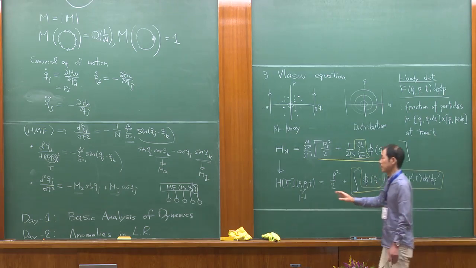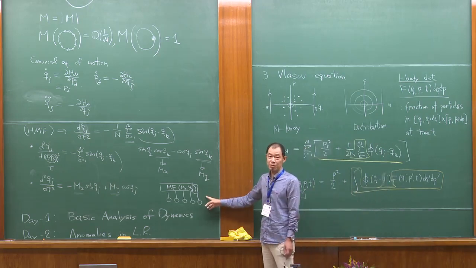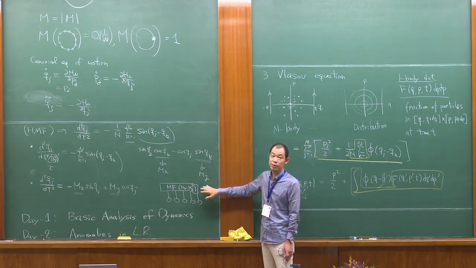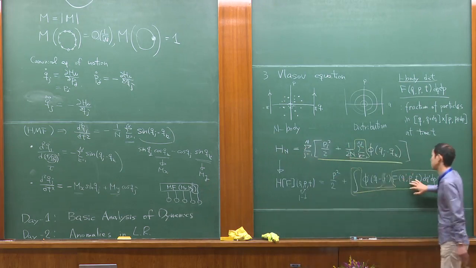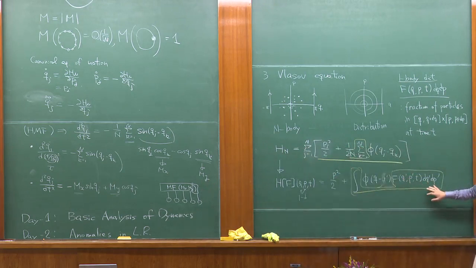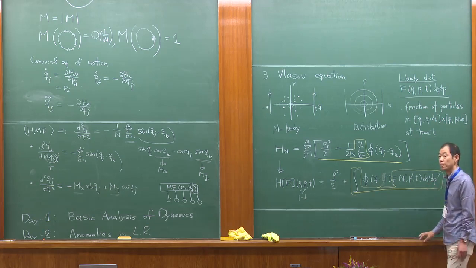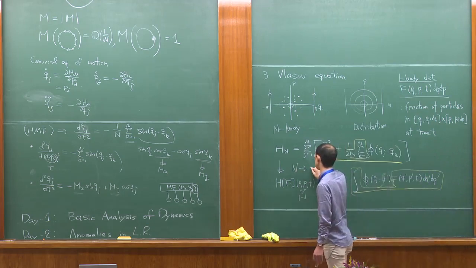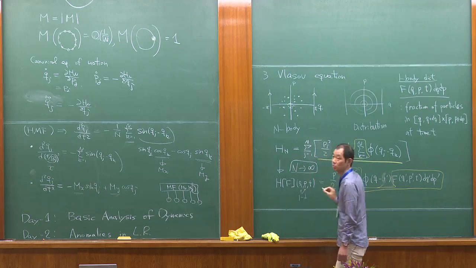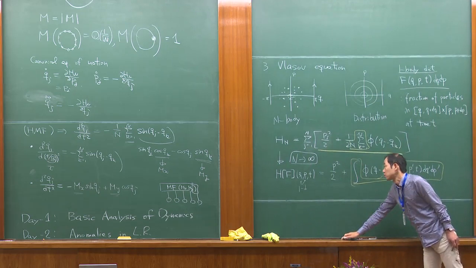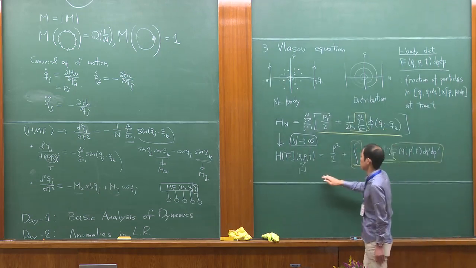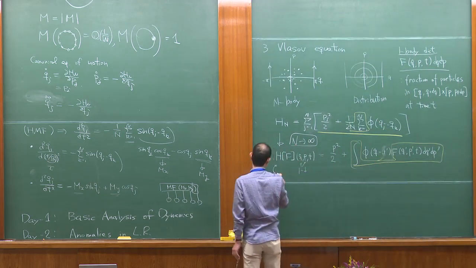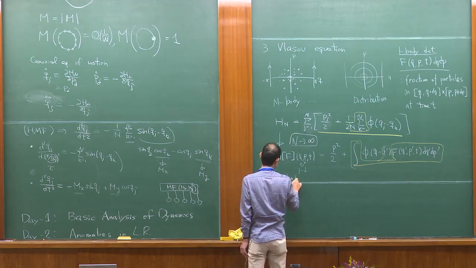As I said, the time evolution of the jth particle is governed by the mean field. So this one is the corresponding mean field potential. So you are already taking the thermodynamic limit? Yes, I took the infinite limit. Then we get this one-body distribution, and similarly, this one is called the one-body Hamiltonian.